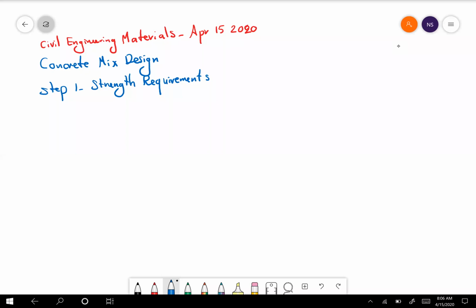Now, how does this work? The design engineer, which all of us are going to be, you specify the strength requirements.